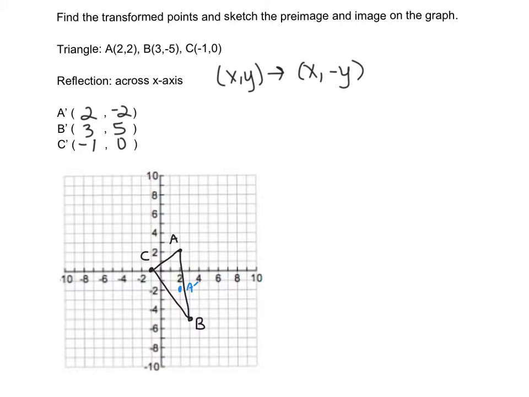B prime is at 3, 5. And our point C prime stayed in the same place. And if we were to draw a dashed line between our original points and our new points, you can see that they're the same distance from the x-axis.